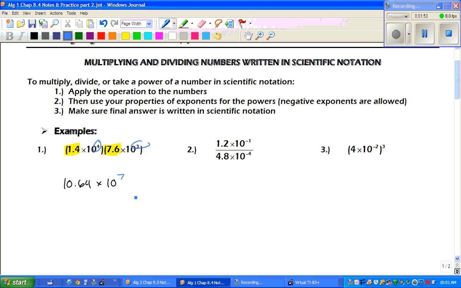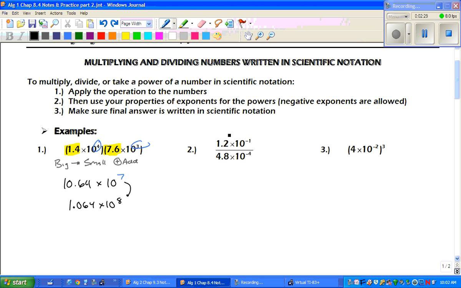But now it's not in proper scientific notation. I have a big number, and I need to make it a smaller number, so we're going to add to the exponent. So this is really 1.064 times 10 to the 8th. See how we added one to the exponent because I had to move the decimal one spot?